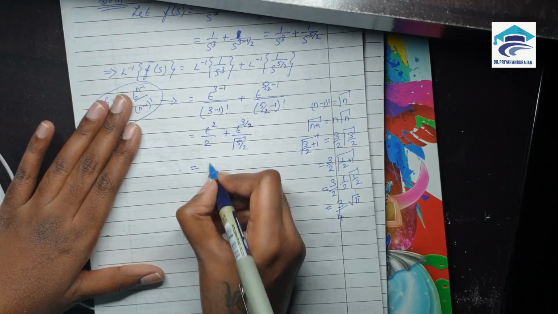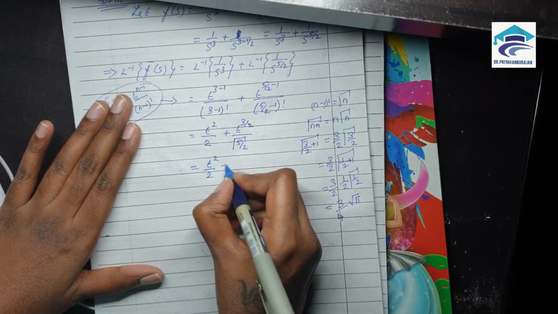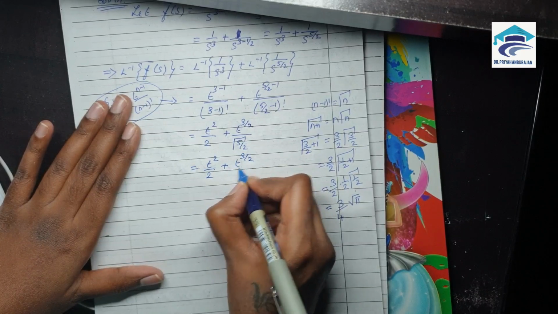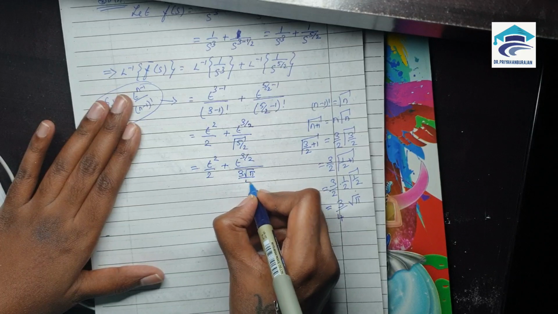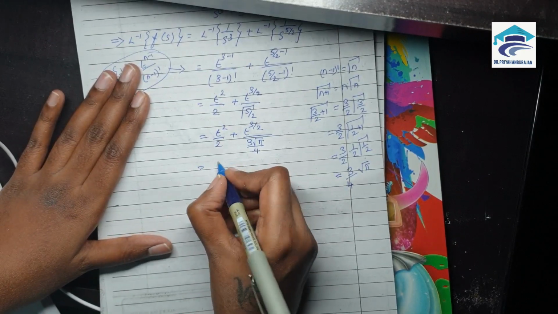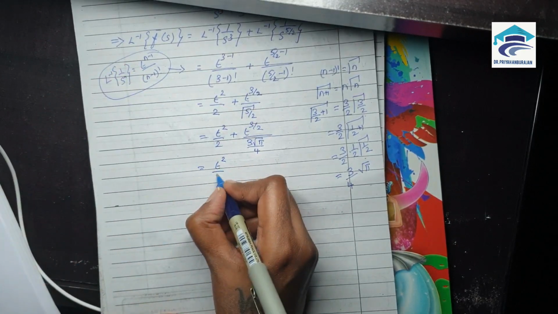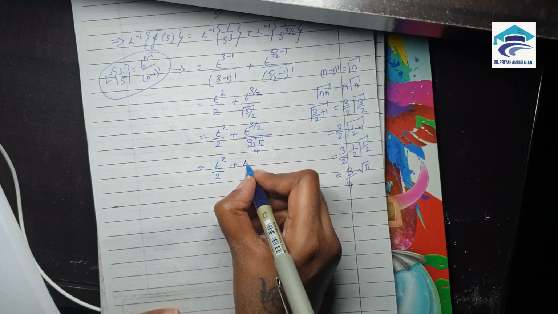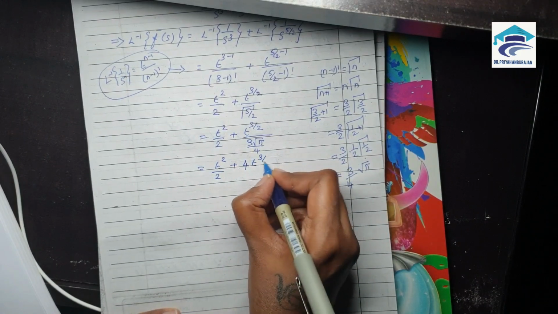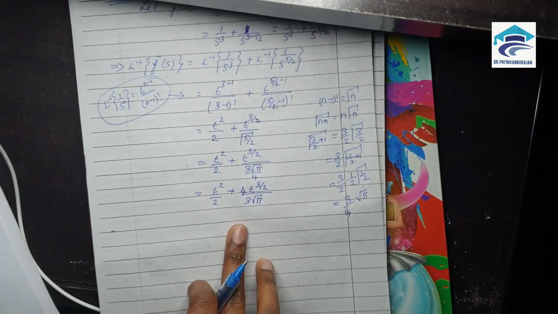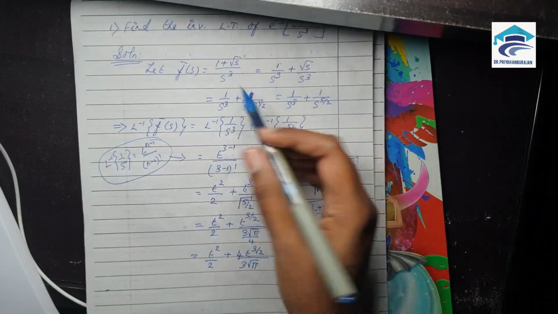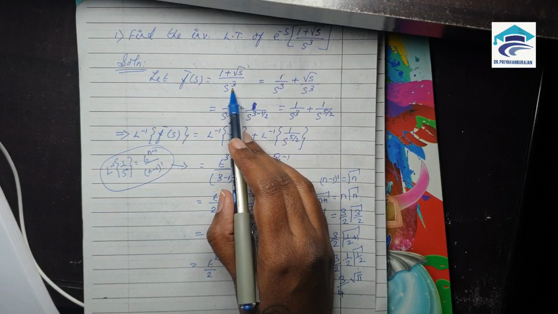So this term is t squared by 2 plus t to the power 3 by 2 by 3 root pi by 4, which can be written as t squared by 2 plus 4 into t to the power 3 by 2 by 3 root pi. This is my answer for 1 plus root s by s cube.